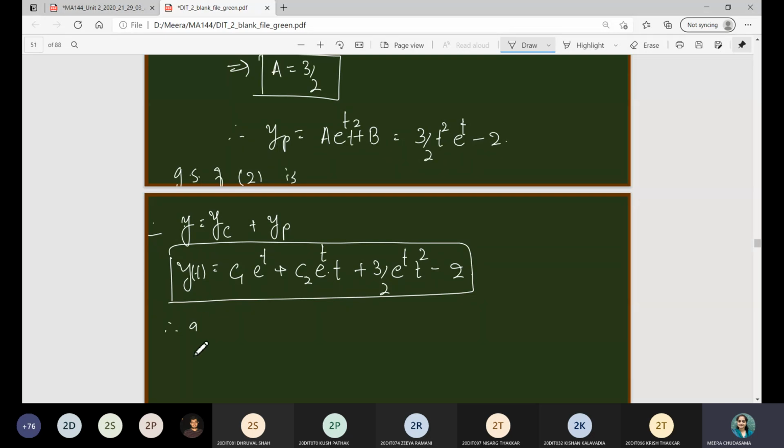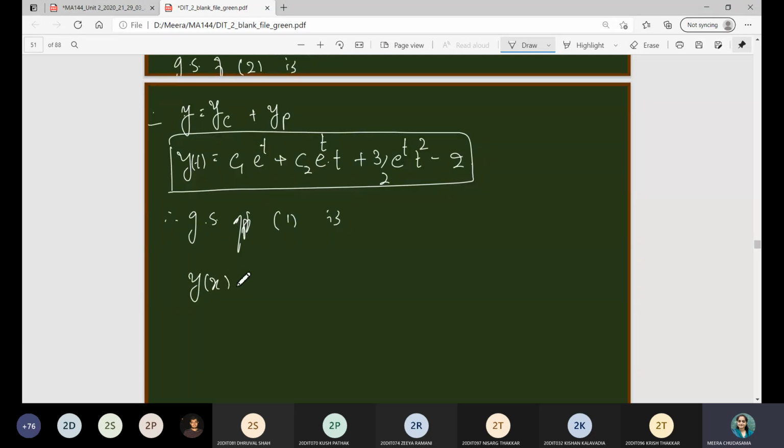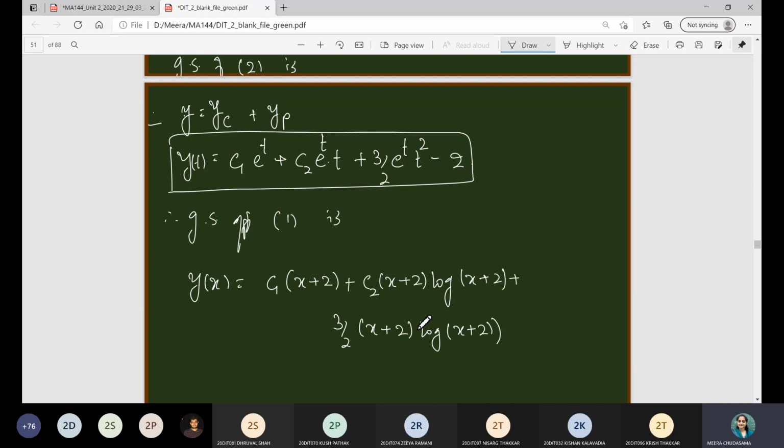And now the general solution of 1 is y of x is equal to c1 e raised to t, we have taken as x plus 2, plus c2 e raised to t, where t is log of x plus 2, plus, I will write here, log of x plus 2, and t square means whole square of it, minus 2.